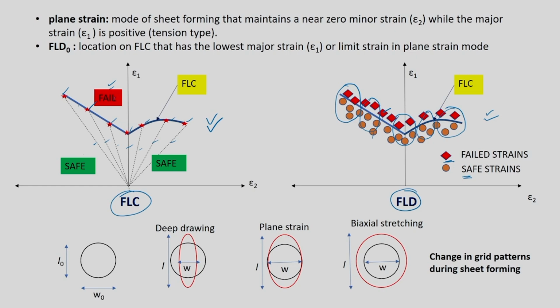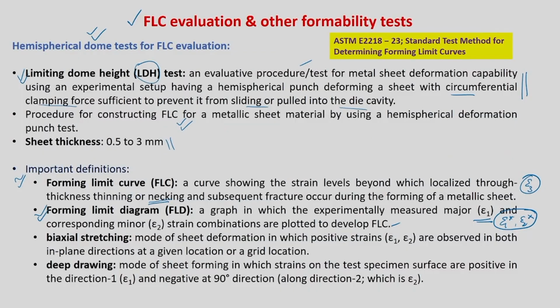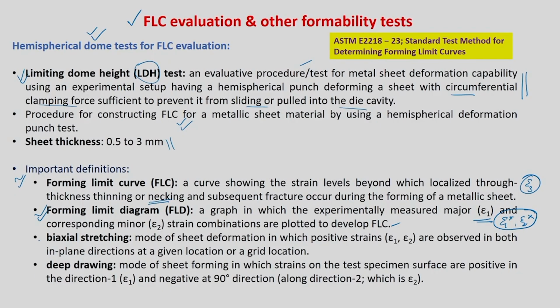So if you plot all the strain values inside this diagram along with the forming limit curve, then you call this the forming limit diagram. That's the main difference here. So the forming limit diagram is nothing but the forming limit curve plus the strain values used to construct it. So then there are three important modes of deformation. We have already seen 5 different modes, but biaxial stretching, we know that.